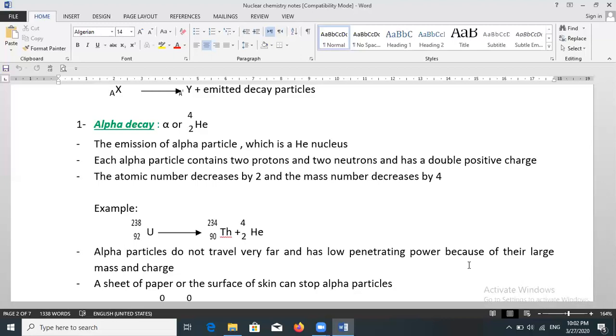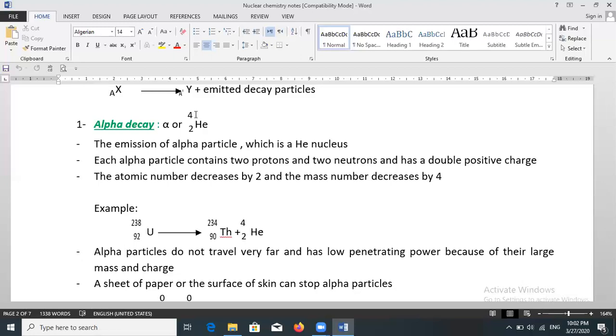So when the radiation consists of heavy particles, what's meant by heavy particles? Here in helium, its mass number is 4, so each ray consists of many, many alpha particles, many helium particles.